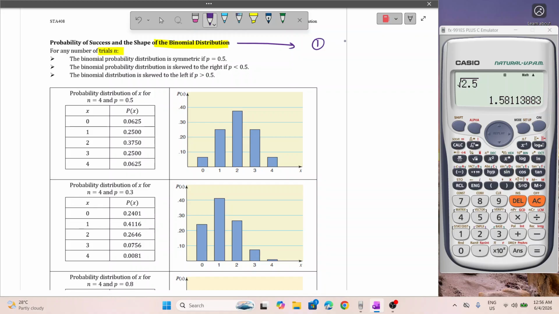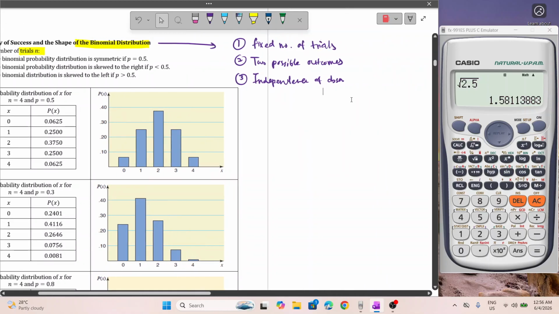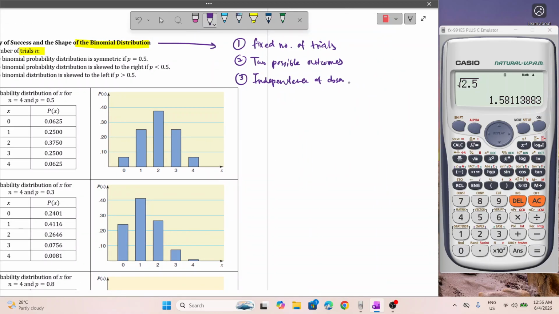The first is a fixed number of trials. Number two is two possible outcomes, success or failure. Number three, independence of observation or outcome.